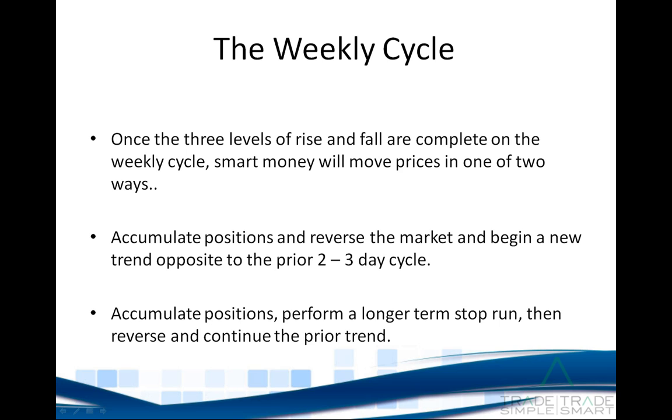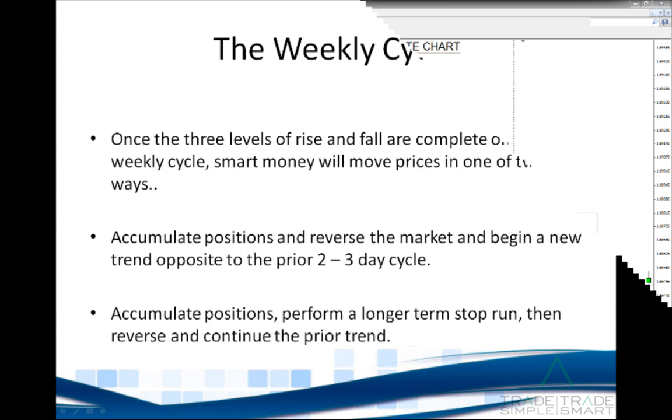Okay, so all that simply means is if smart money have sold the market over a 2 to 3 day period, they will then accumulate more positions, they will then move opposite to the intended direction, which would be up in this case, and then they will continue the downtrend for another 2 to 3 days.